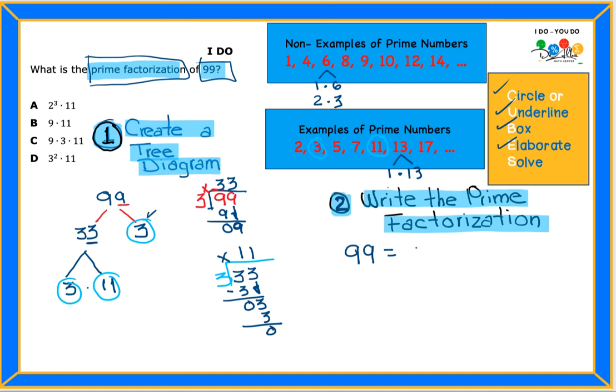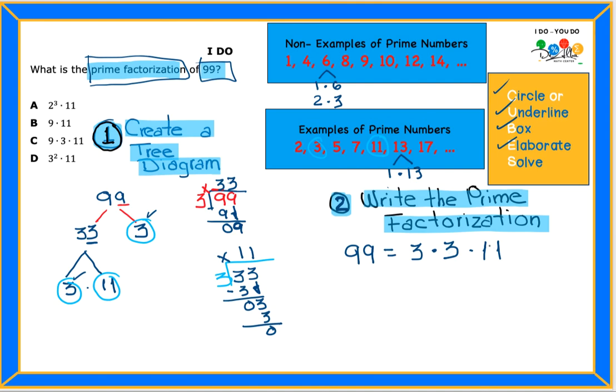This 3 here will be this 3 here, times, you see this other 3 here? I'm going to write it right here. And the other prime number is 11. And so basically the idea is that these prime numbers need to be multiplied so we can get back the 99. 3 times 3, that's 9, and 9 times 11 is 99.